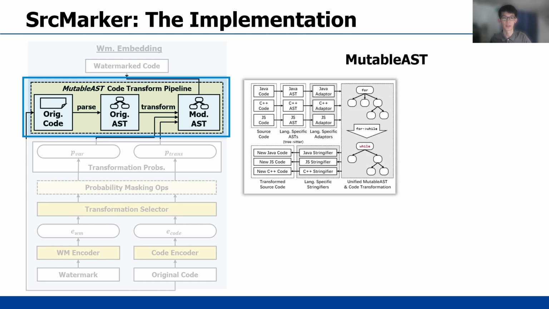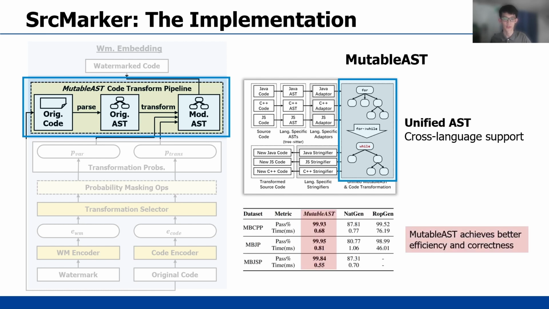Therefore, we implement Mutable AST, which proposes a unified AST representation that hides away language-specific details. This design allows transformations to be performed across languages in a unified manner. Benchmark results also show that Mutable AST achieves better efficiency and correctness compared to other existing code transformation tools.